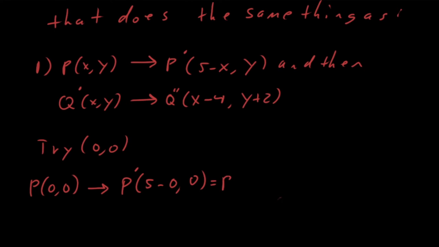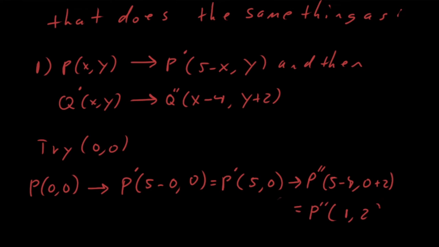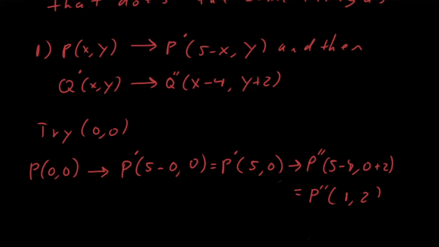Which equals P prime 5, 0. And then this goes to P double prime, the second transformation, 5 minus 4, 0 plus 2, which is equal to P double prime 1, 2. Okay, that's pretty interesting.